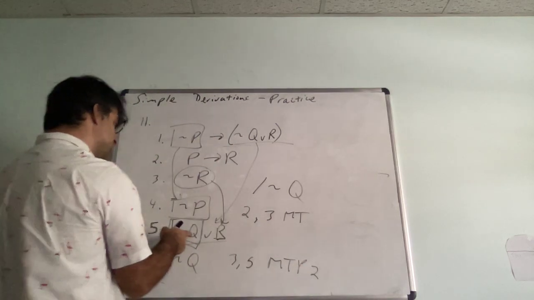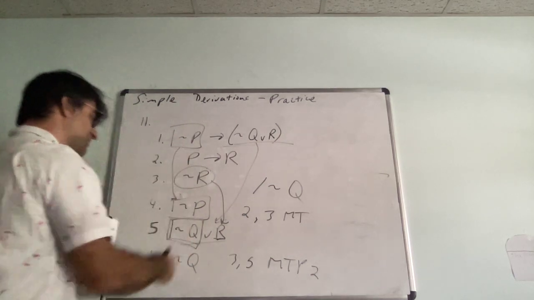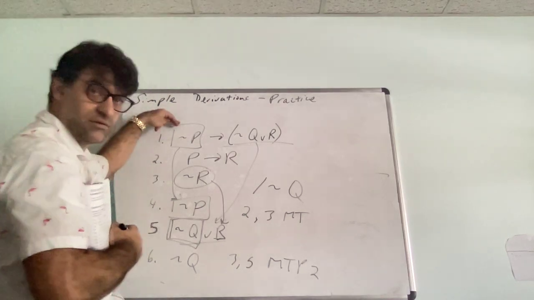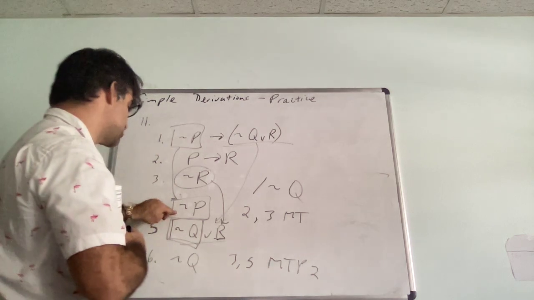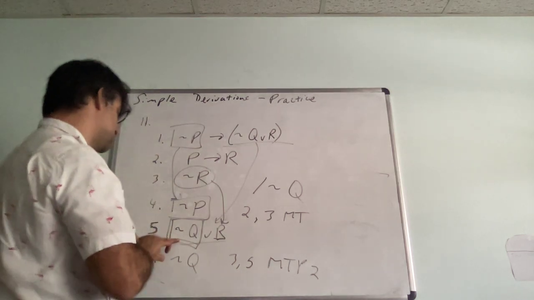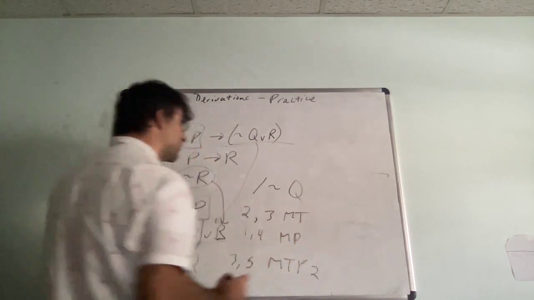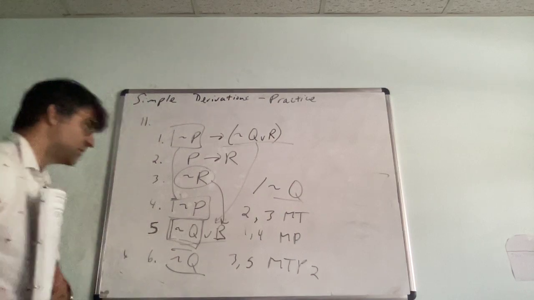Forgot to give the justification here. This is modus ponens. You don't have to do all the symbols. I'm just doing this to guide us here. If-then statement, antecedent is true, therefore the consequent is true. So this is 1 and 4, modus ponens. And again, we've gotten to our conclusion: not Q. All right.